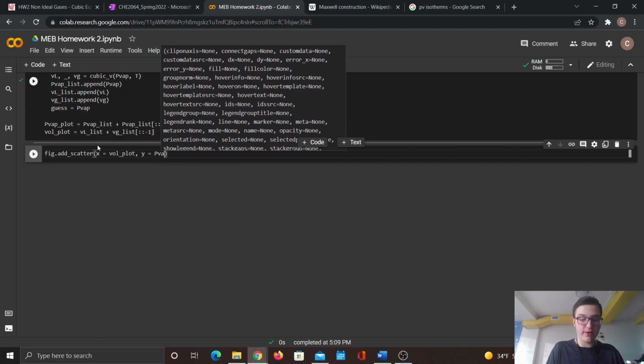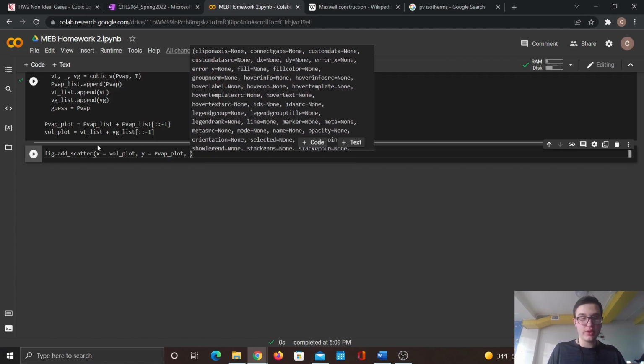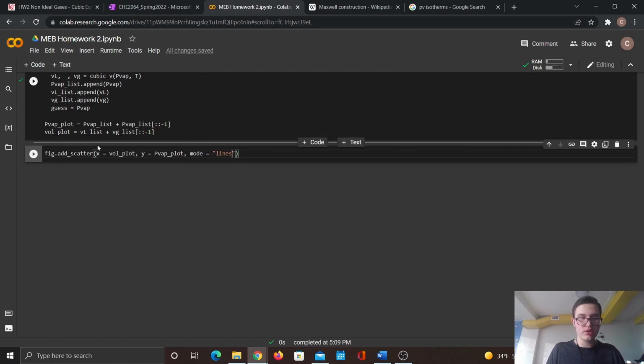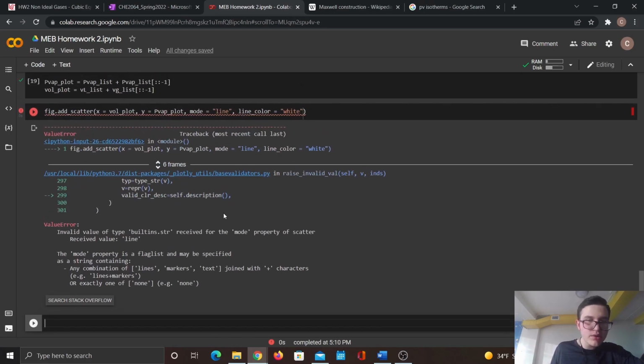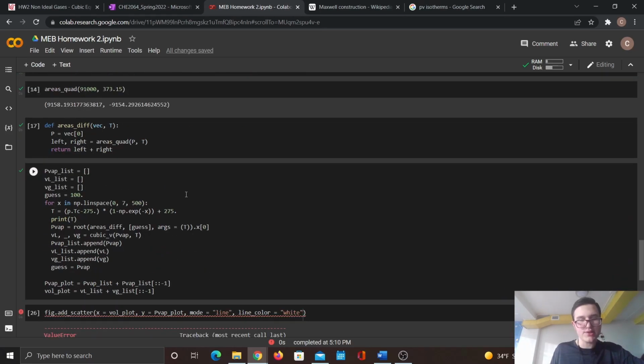Y is equal to the vapor pressure values. So plot mode to line, then line color is equal to white. Is it mode? No, it's not mode. What is it? Mode lines.